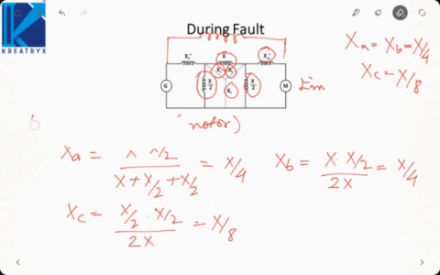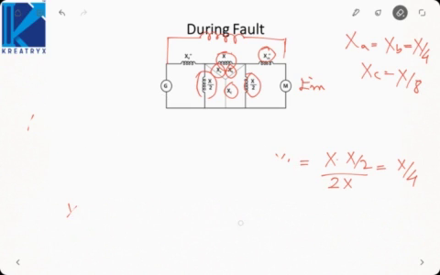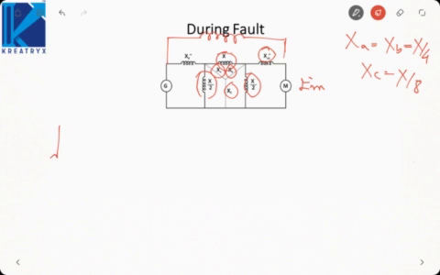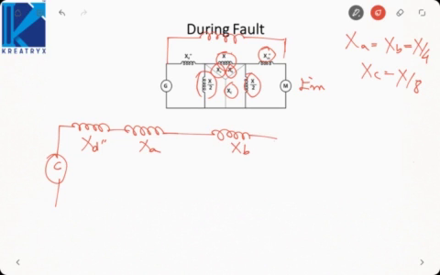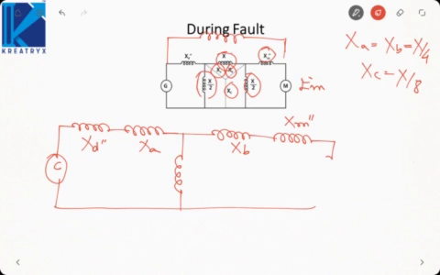Now how does my circuit look like? This will be my generator EMF, generator reactance. Here we will have XA, XB, motor reactance, and this will be XC.